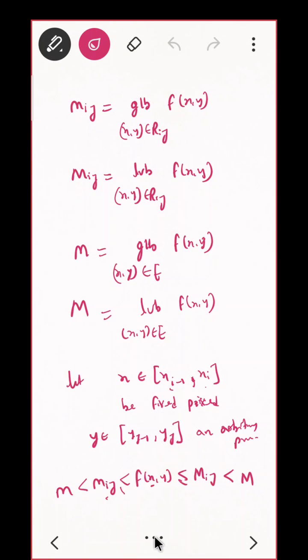Now can I multiply all the terms by yj minus 1? If I multiply it, then what will I get? Let us see.